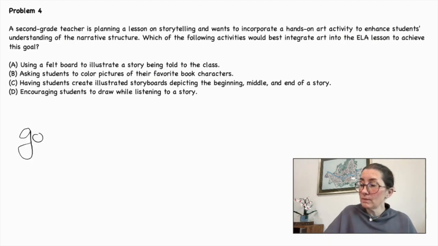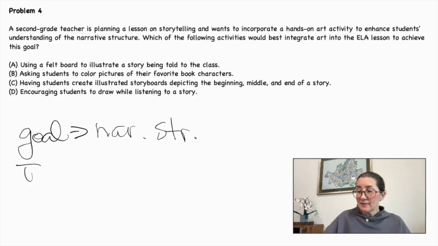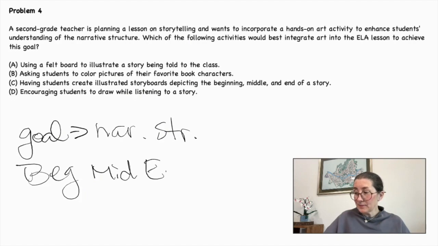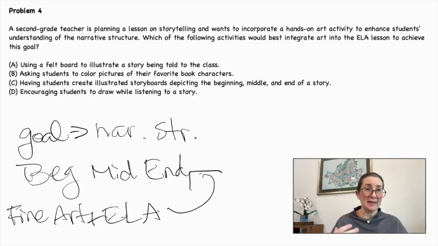So the teacher's goal is for the students to learn the narrative structure, and that is, at this level, beginning, middle, end. And the goal of the teacher is to incorporate a fine art lesson with English language arts to achieve this goal. So let's look at the answers to find which one would work best.